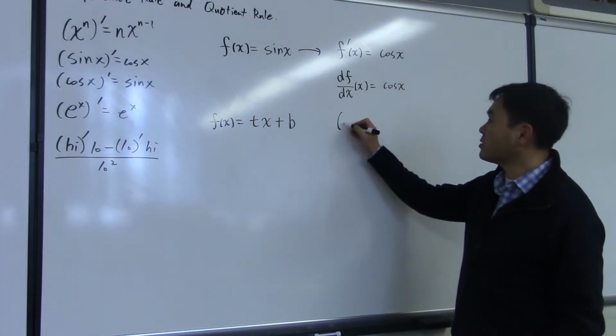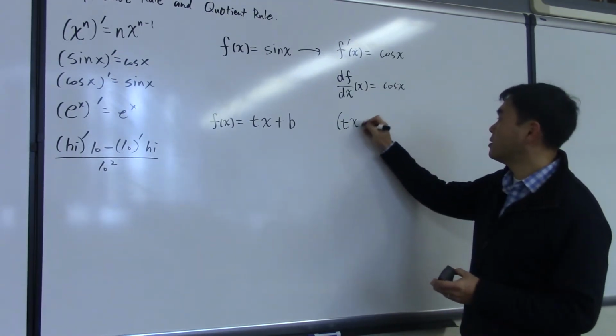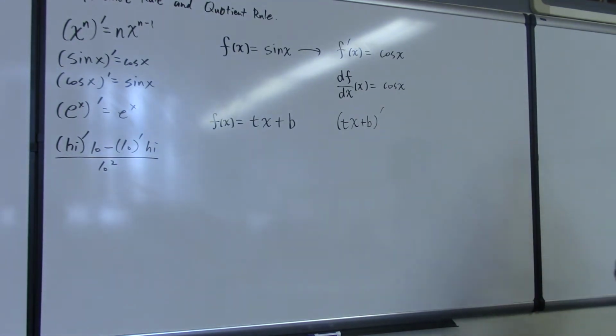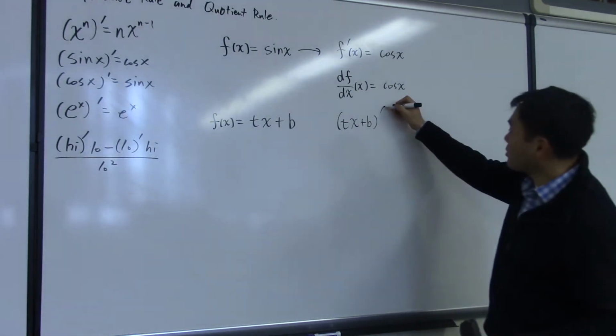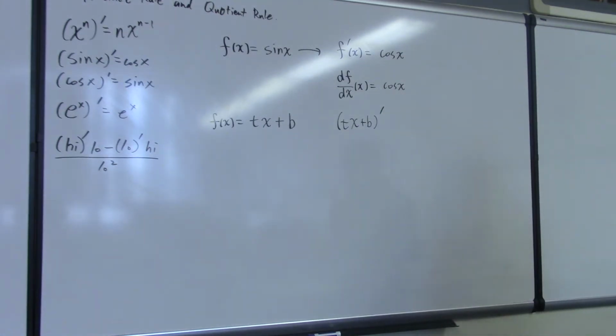If you just write tx plus b prime, usually you take this prime to mean the derivative with respect to x. x is the variable, treating t and b as constants.